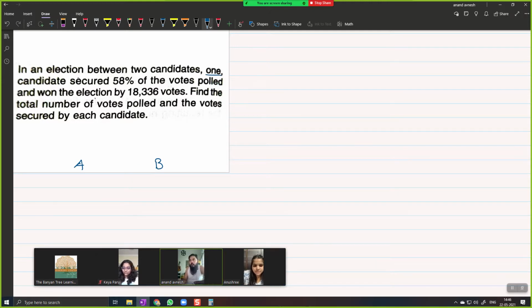They are saying that one candidate secured 58% of the votes polled. Yes, 58%. And the second one? 42%, which is 100 minus 58. Very good. So we got the percentage of total votes for both the candidates. We have to find the total number of votes polled.